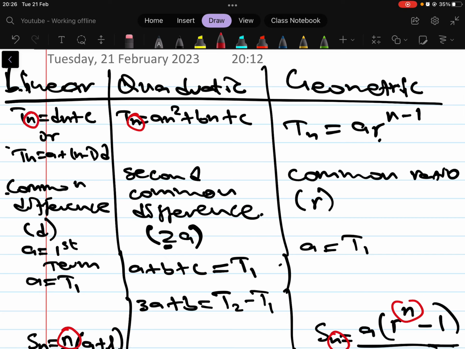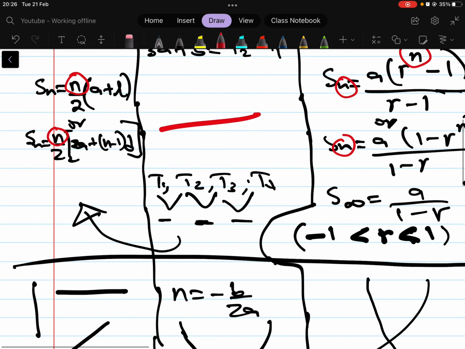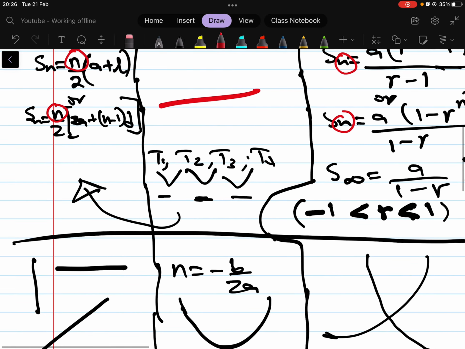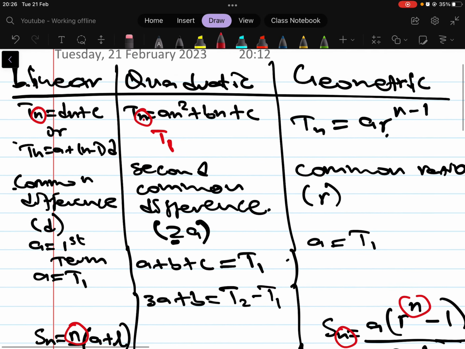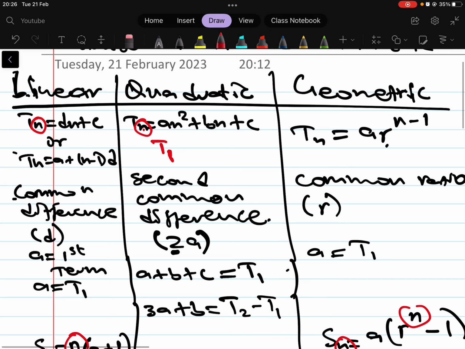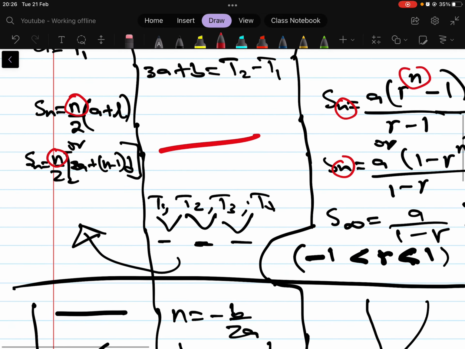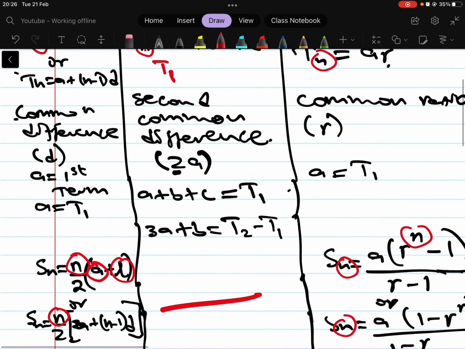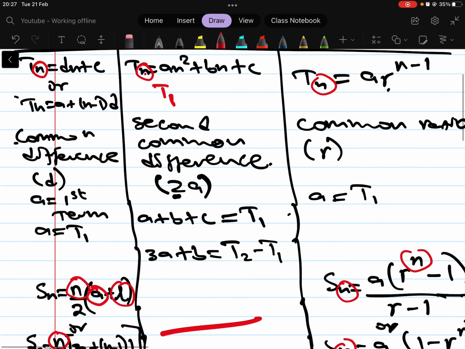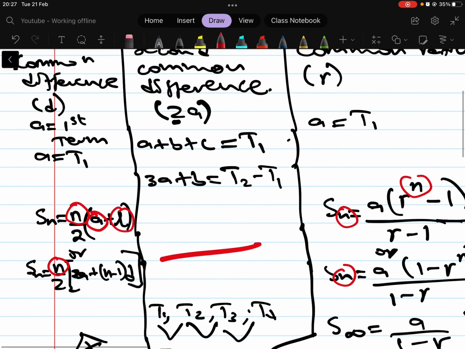For instance, term 1 is in position 1, so n is 1. In this equation, you need to get n in a slightly different way. Just keep that in mind. Remember, this is the last term, and a is still the first term. It has already been described, so it didn't change.